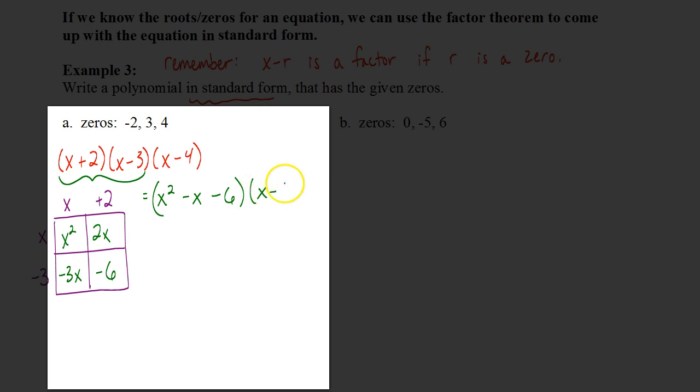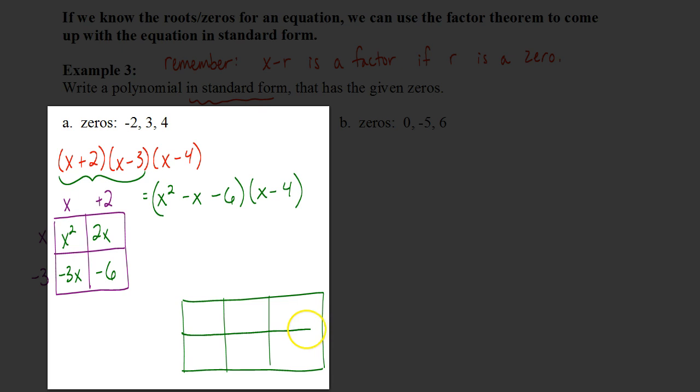Now I still have to multiply that times the x minus 4. So now I'm going to create a box that's a 2 by 3 grid. On the side that's got the 2, I'm going to put the two terms, x minus 4.